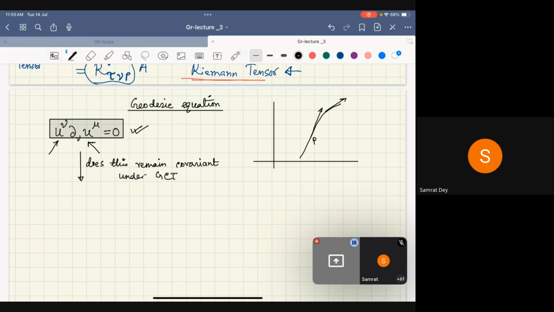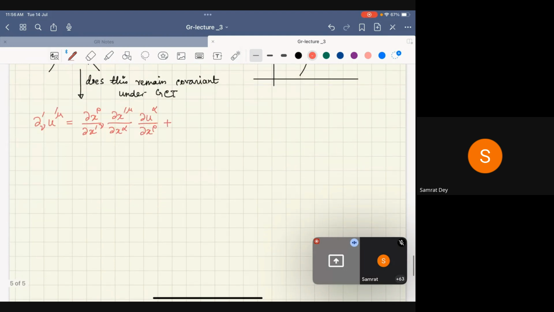That is the question that we asked, and the answer definitely is no, it is not, because if I take this derivative part, this derivative del nu u mu, and look at the changes, that means the primes, then even though there will be one term which gives the proper transformation property of a tensorial object, for such an expression of derivative there will always be a second term, an inhomogeneous term containing a second derivative, that will break the tensorial property of this derivative term.